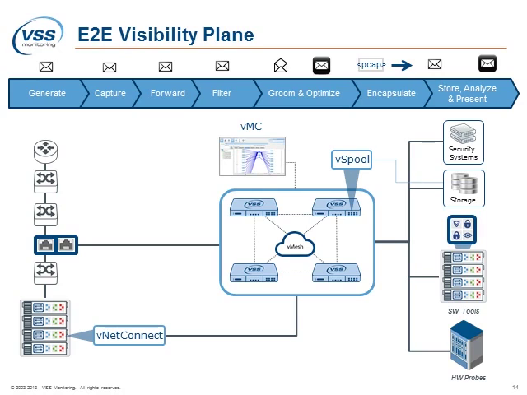So we have all the traffic from physical hosts and virtual hosts in the visibility plane. And then by using the VSS management console, VMC, to configure things end-to-end, we get a visibility plane that goes all the way from generation and capture to aggregation to filtering to optimization and ultimately storage of that data.